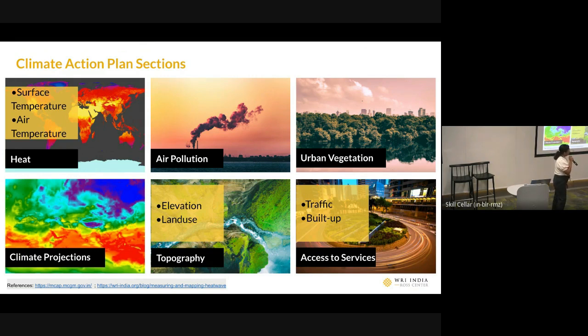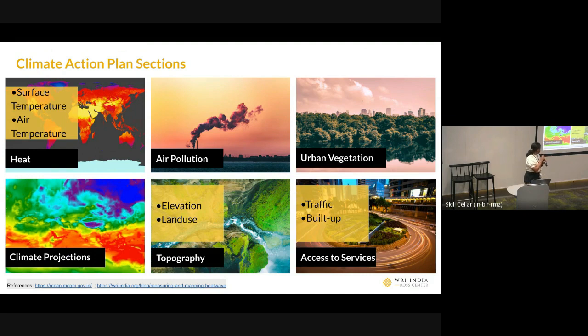Then under urban vegetation, within urban areas, we have monitored the change in urban vegetation, and we have used the i-Tree Canopy tool to understand the carbon sequestration by this urban vegetation. Then in climate projections, we have tried to understand the precipitation and thermal data.